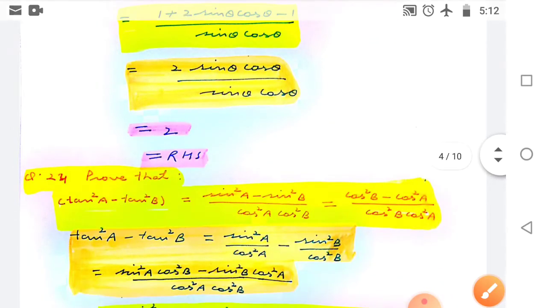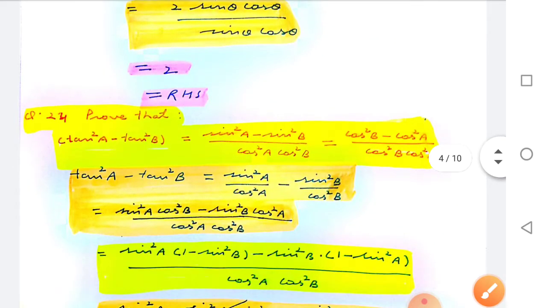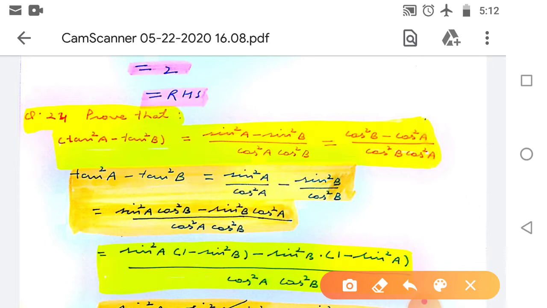Now come to question number 24. Okay, so here we have question number 24. Prove that tan square a minus tan square b is equal to sin square a minus sin square b upon cos square a cos square b, which is equal to cos square b minus cos square a upon cos square b cos square a. Okay.